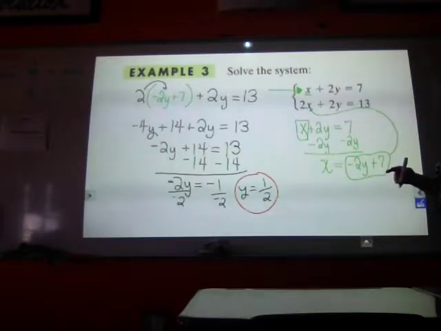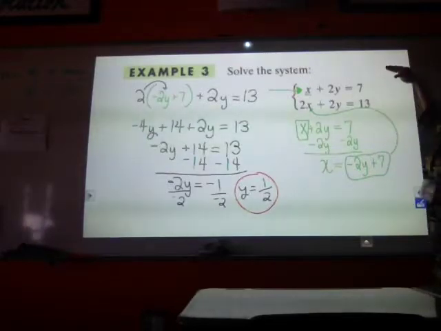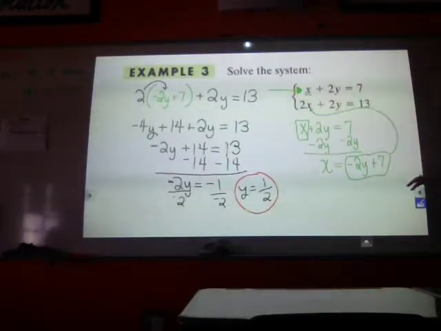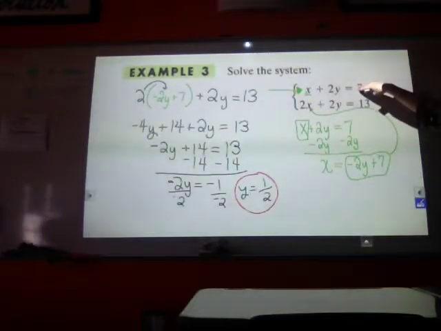But now, what do I do with that 1/2 now that I have y is equal to 1/2? Substitute it in the other equation. Okay, does it matter where I substitute it in? No, because it says I can put it into any equation that has 2 variables. Which equation makes the most sense? The top one.